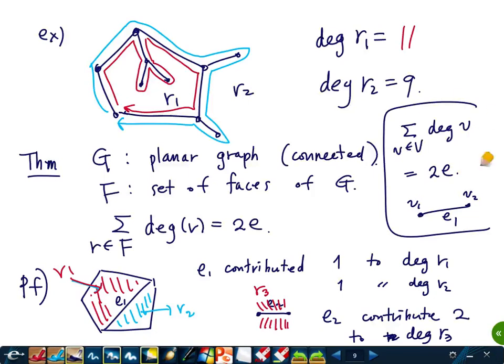That's why we have this relation. And if we have a loop at a vertex U, this edge contributes 2 to the degree of U. So this proof is parallel to that one.